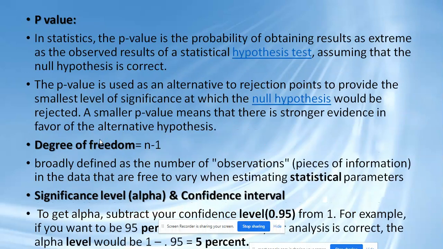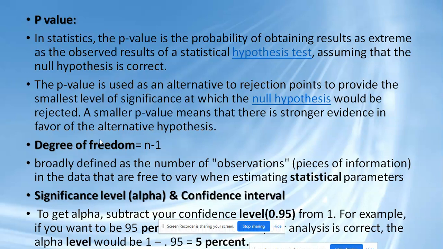p-value, right? So in statistics, what is p-value? P-value is nothing but the probability of obtaining a result as extreme as the observed values of a statistical hypothesis test, assuming that the null hypothesis is correct.